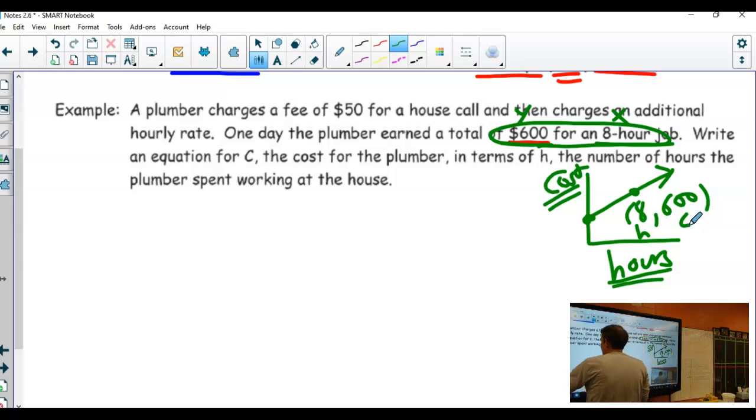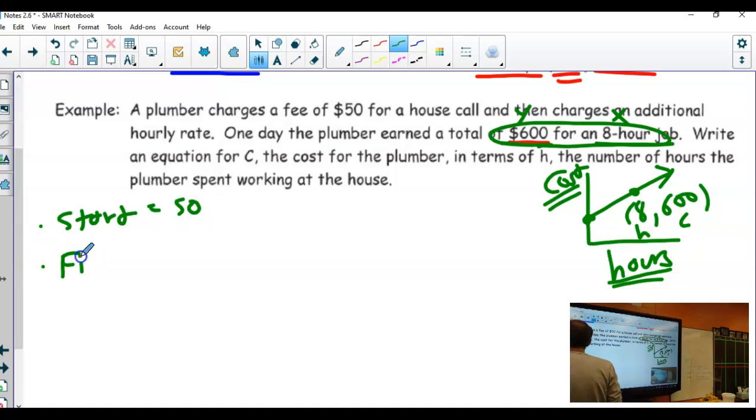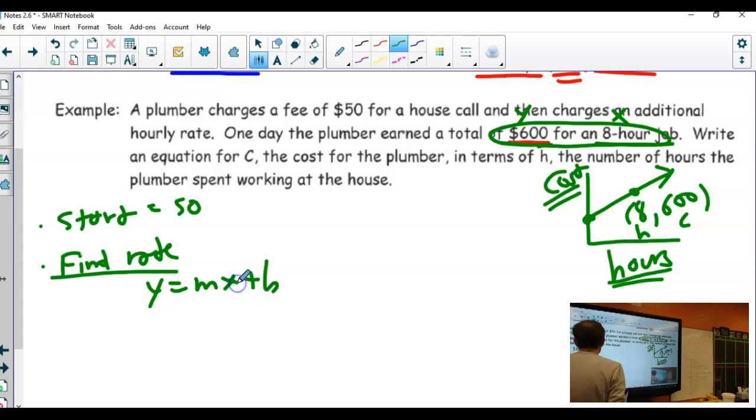All right, so I know the starting amount. The starting amount is $50. And I can find the rate by using y equals mx plus b, because I actually know a point also.